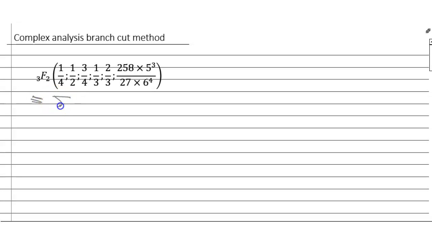It can be represented this way: sum from n equals 0 to infinity of (1/4)_n whole cubed, in terms of (4n minus 1) triple factorial, (4n minus 2) triple factorial, and (4n minus 3) triple factorial.